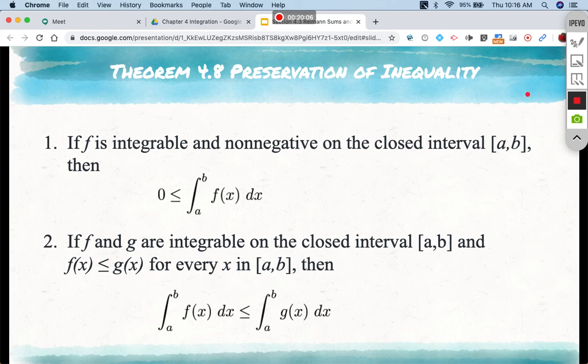So the other last thing we want to hit is that integration preserves inequalities. So we're saying right here, f is integrable and non-negative on the closed interval. So it's always going to be bigger than 0.